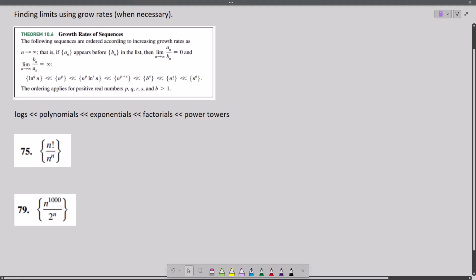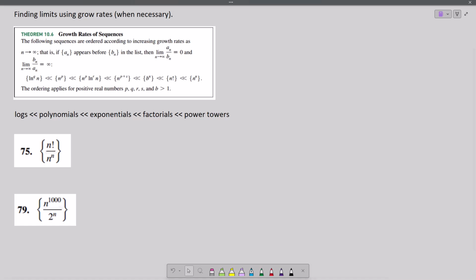Now there's a lot of weird functions in math. Two of them are on this slide. One is the factorial function, and one is the power tower. If you have not seen it, the factorial function is a product all the way down to 3, 2, 1.